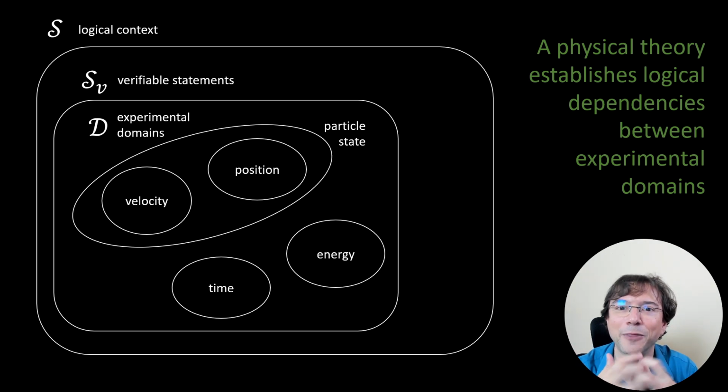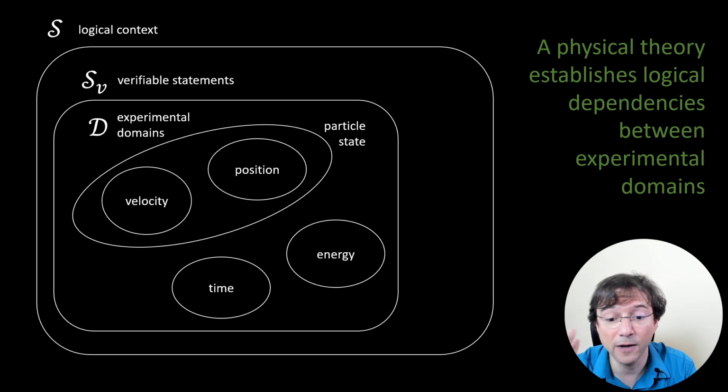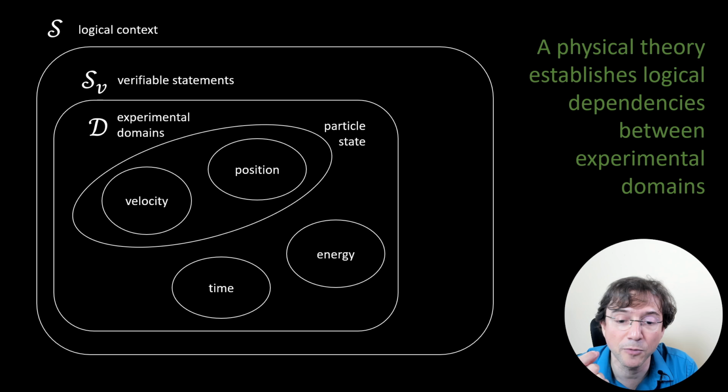So the point of all of this exercise is not only to have a clear idea that there are these elements, but how they come about, and the fact that we can see more clearly how they are constructed. And with that knowledge, we can see that some of the things that people try to do in the foundation of physics may not make sense, because if I am talking about hidden variables in some interpretation of quantum mechanics, you have hidden variables, meaning variables that exist but are not experimentally accessible.